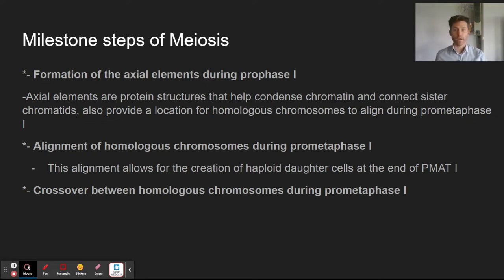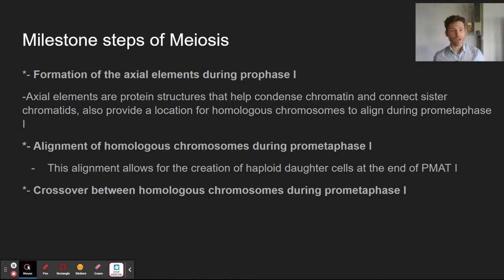Within prophase I, there are developed these axial elements, which are protein structures that are going to help the DNA condense into its appropriate form and also allow for these sister chromatids, which are the 2 copies of the same DNA, to stick together.